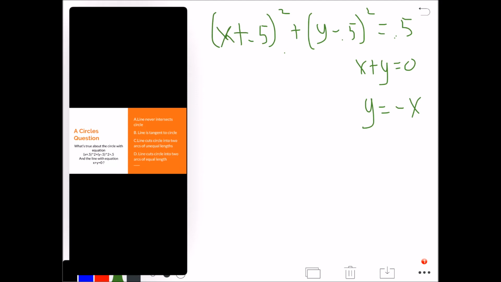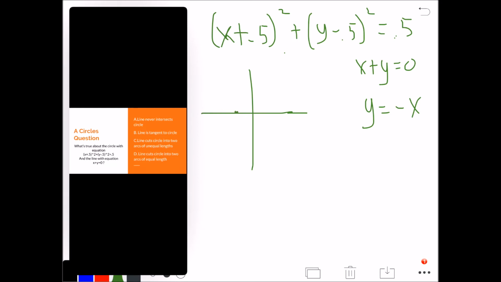To get the x coordinate of the center, you move in the opposite direction of what it's telling you. If it says positive 0.5, you go negative 0.5.